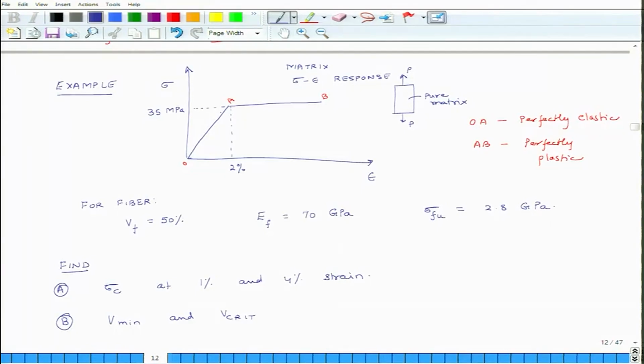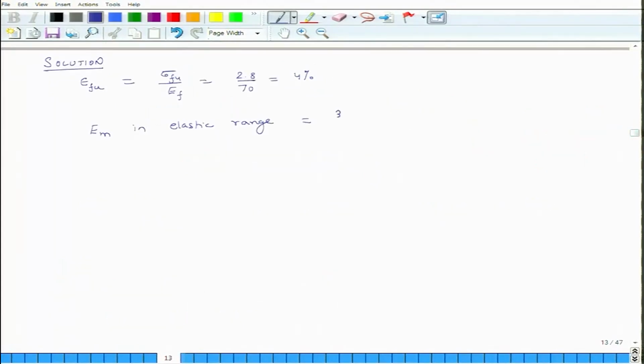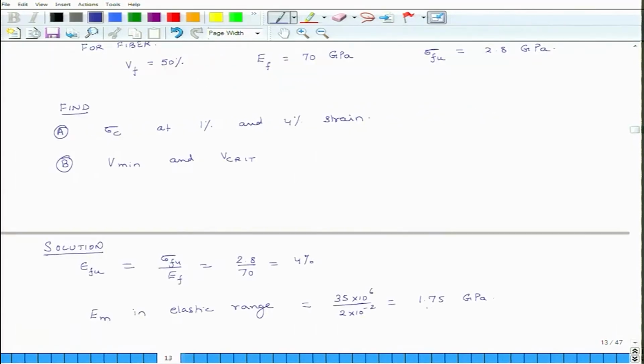OA is the elastic range. At point A, the stress is 35 MPa and the strain is 2%. So, this is equal to 35 into 10 to the power of 6 divided by 2 into 10 to the power of minus 2. That comes out as 1.75 GPa, and above that it becomes plastic.